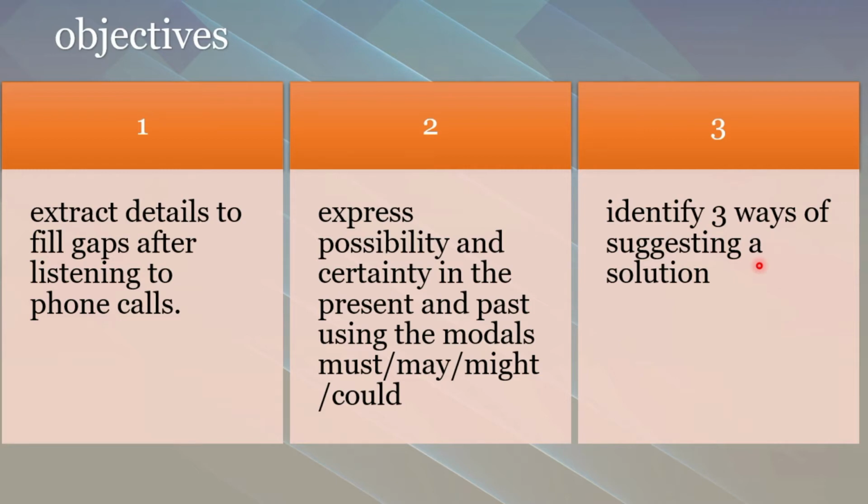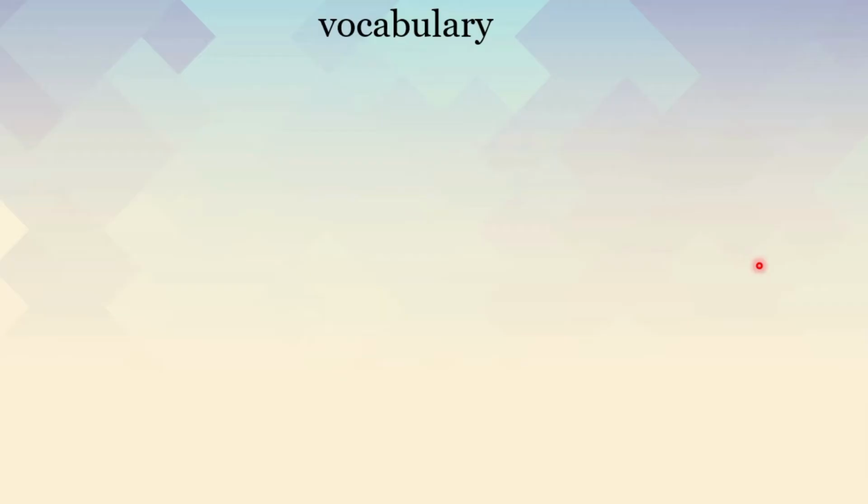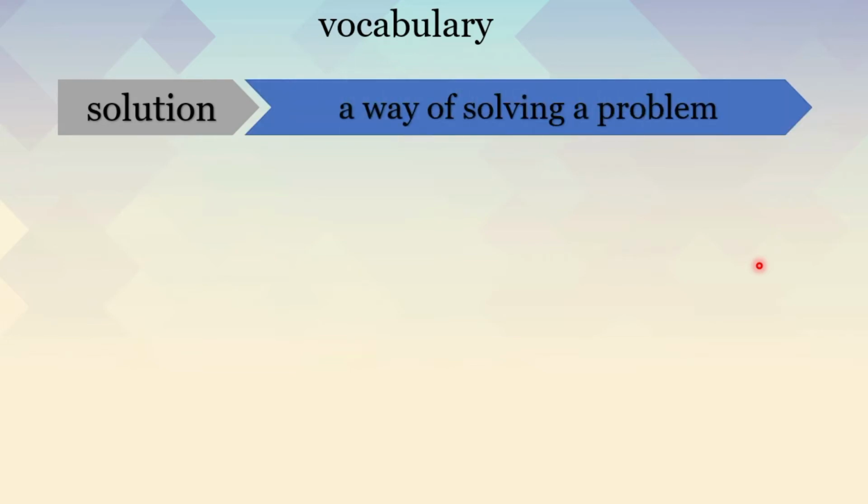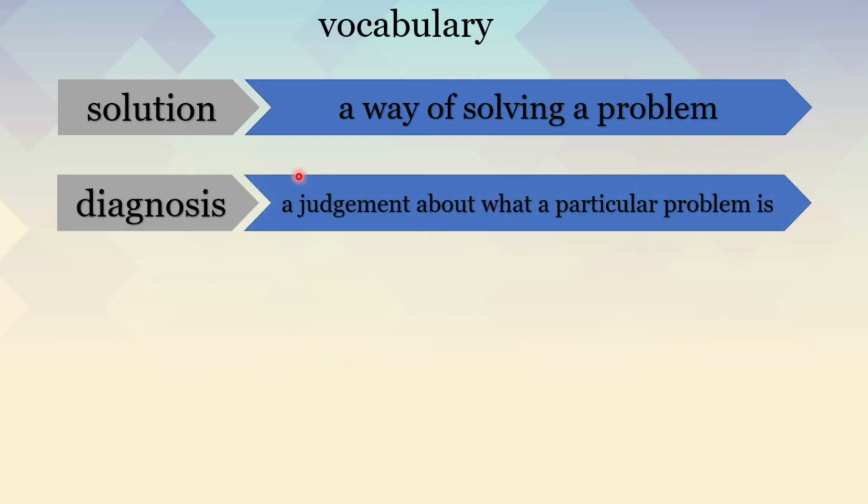Let's quickly revise our keywords for this lesson. We have solution, which is a way of solving a problem. Then we have diagnosis, which is a judgment about what a particular problem is.